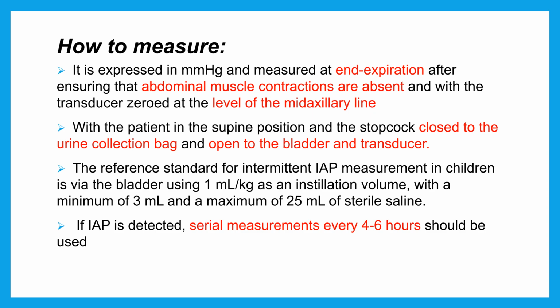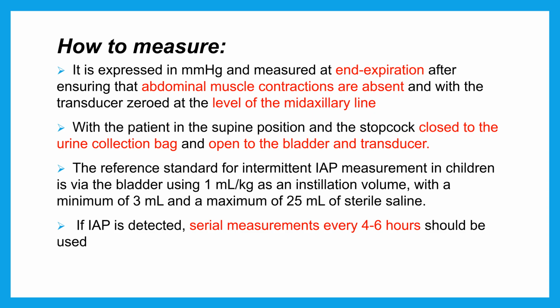So how to measure, we'll see in the next slide, but it is through the urinary catheter. It has to be done at the end of expiration, abdominal muscle contractions are absent, and the transducer zeroed at the level of the mid-axillary line. We'll see this in detail in the next slide. Then the transducer has to be open to the bladder, to the urinary catheter, and closed to the urine collection bag.